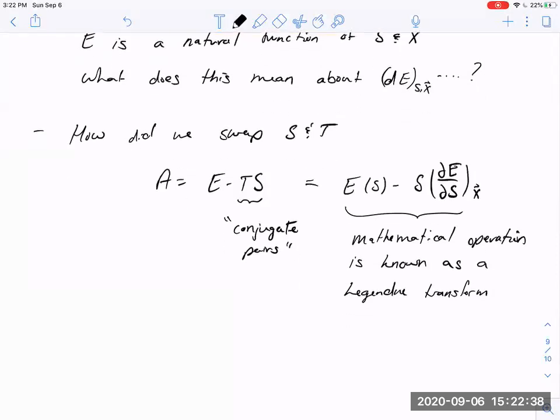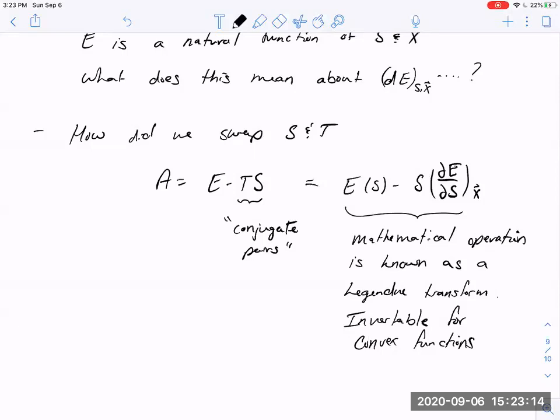As long as that original function E is convex, this transformation is invertible. What does that mean? It means that if I gave you the function E of S, you could, through this definition, construct the Helmholtz free energy.